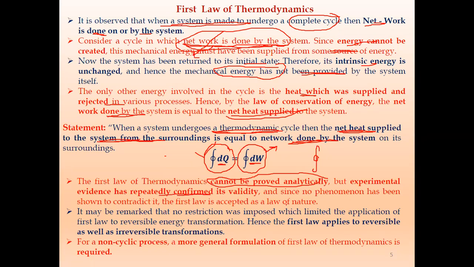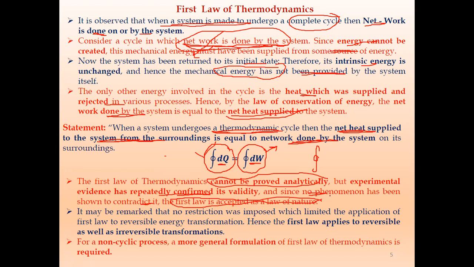Since no phenomenon has been shown to contradict this law, that is, heat energy gets converted into net work, the first law of thermodynamics is accepted as a law of nature.